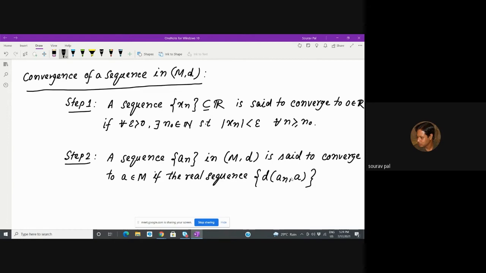This is a sequence of real numbers, right? Whenever you apply d, if you remember the definition of a metric, this is always non-negative.